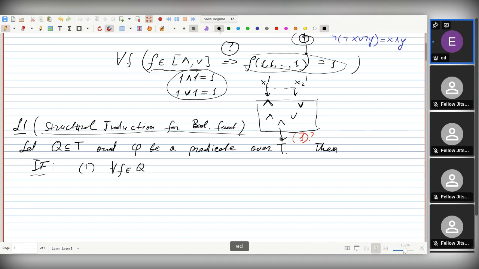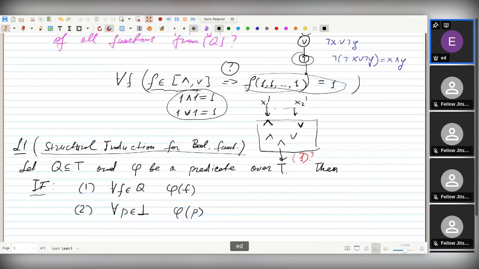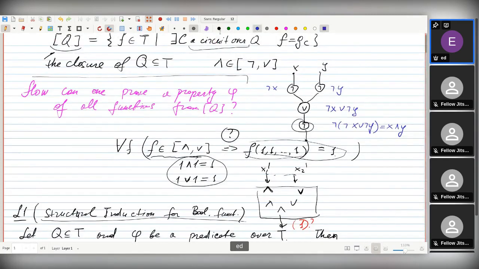Every function from Q satisfies our property phi. Every projector, do you remember what projectors are? I have defined it last time. What is a projector? A projector is a function that returns one specified argument out of its possibly many arguments. Is this idea clear?